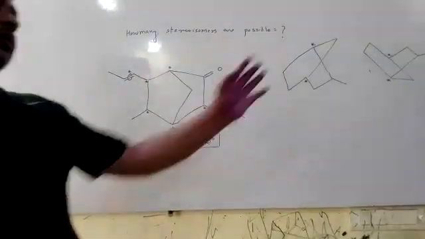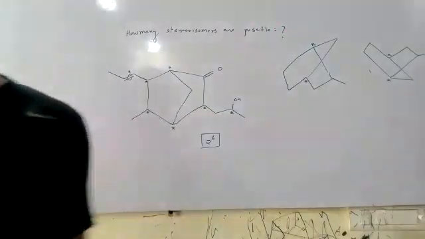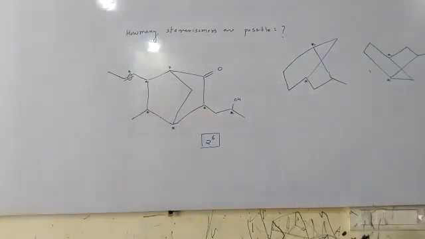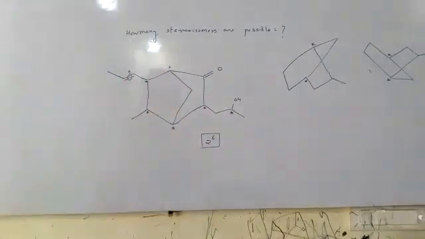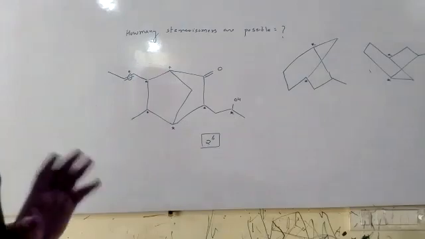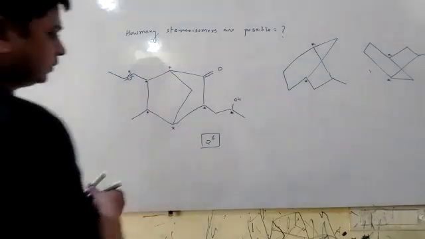Both valencies will come downward, both valencies will be upward. Correct? So if there are two chiral centers at one bridge, we will count only one stereogenic center, correct?